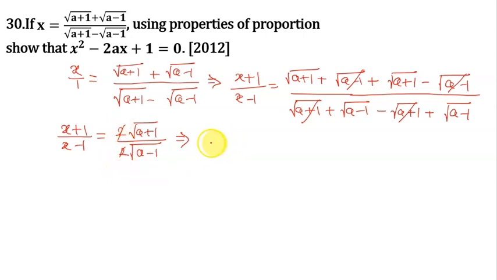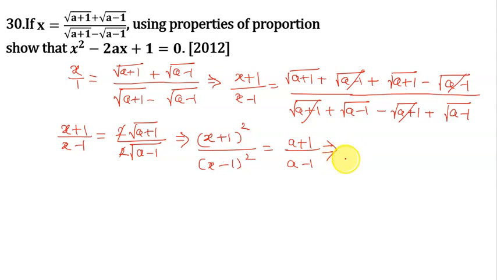Now squaring on both sides, you will have (x+1) whole square upon (x−1) whole square equals, the square and root sign will get cancelled, (a+1) upon (a−1). And next simplification, now open the bracket.